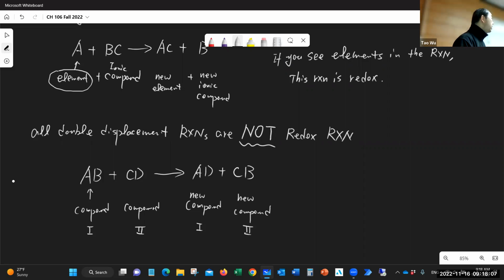Any elements over there? No elements. So this definitely is not a redox reaction. No pure elements are involved in this reaction, so this is not a redox reaction.